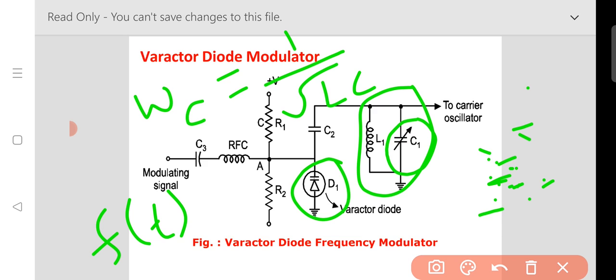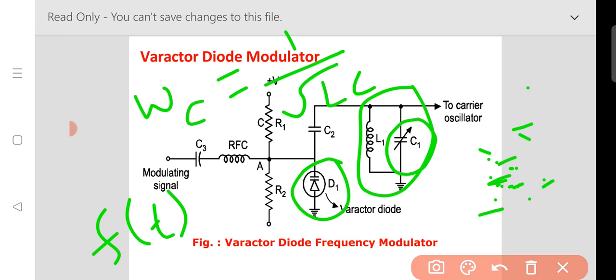In between these two, the tuned circuit and the modulating signal, there must be a variable capacitor as a shunt, which means in parallel. That shunt capacitor acts as a variable capacitor, and it is called a varactor.